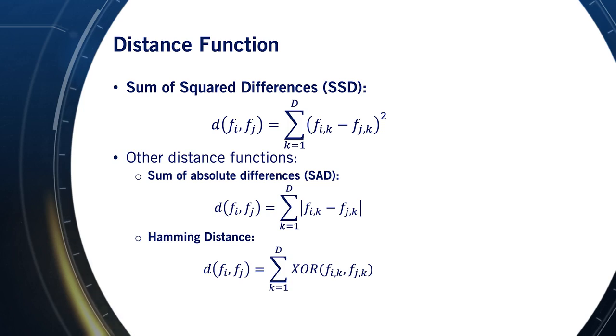Other distance functions, such as the sum of absolute differences or the Hamming distance, are also viable alternatives. The sum of absolute difference penalizes all variations equally, while the Hamming distance is used for binary features, for which all descriptor elements are binary values. We will be using the SSD distance function for our examples to follow. Our matching technique and distance choices are really quite simple. But what do you think might go wrong with our proposed nearest neighbor matching technique?